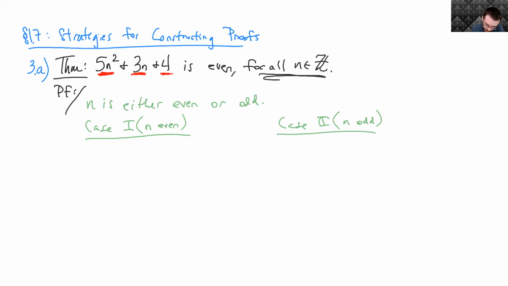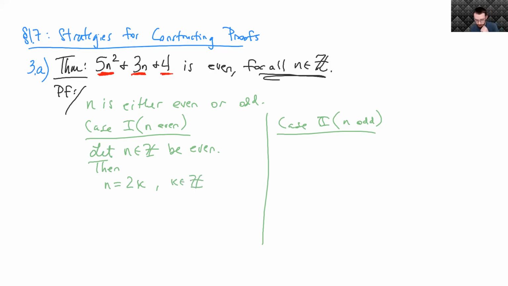So I want to look at each of these pieces. Okay, let n be an even integer, then n is going to be 2 times k. k is just any old integer that works for that. Okay. So again, I want to investigate each of these pieces separately.